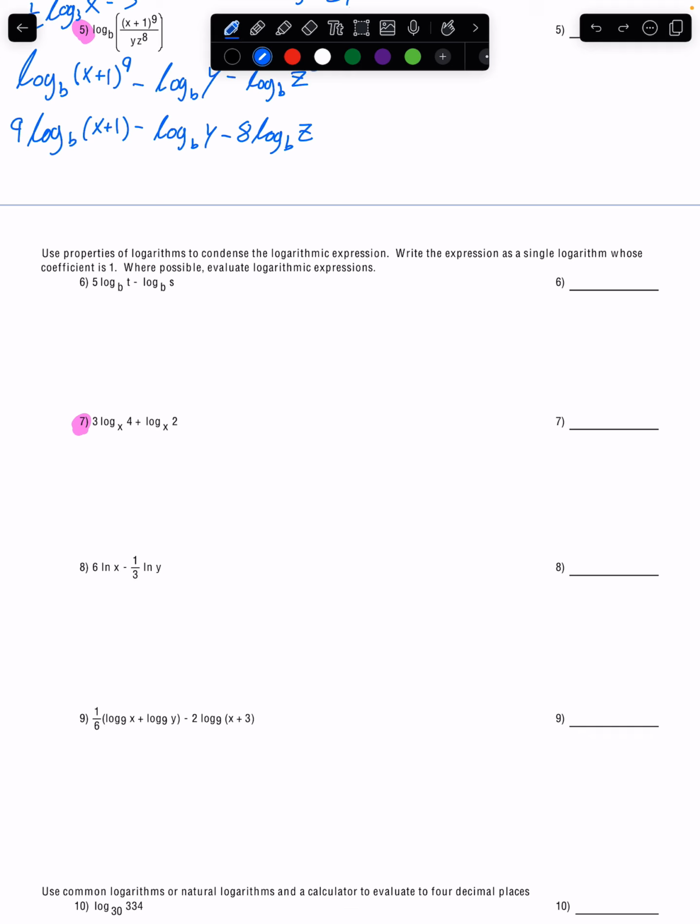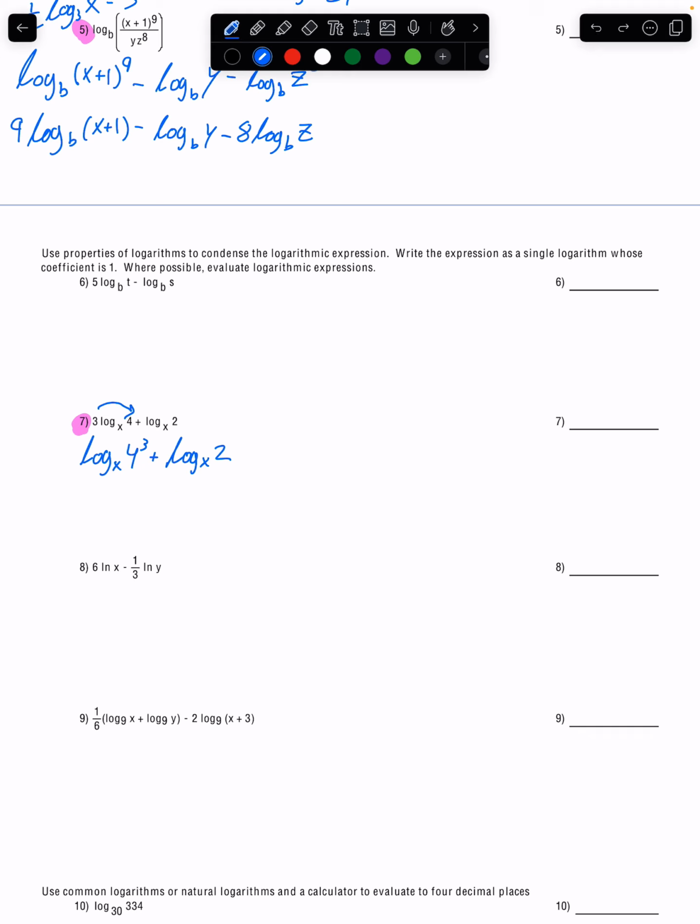Let's see. We'll want to bring the 3 back into the exponent so we can resort it. So it'll become log x of 4 cubed plus, we don't really need to change this, log x of 2. And then log x of 2 just turns into 2 if you solve it.